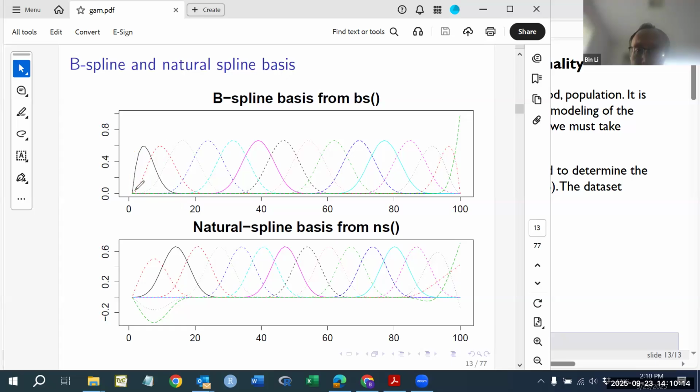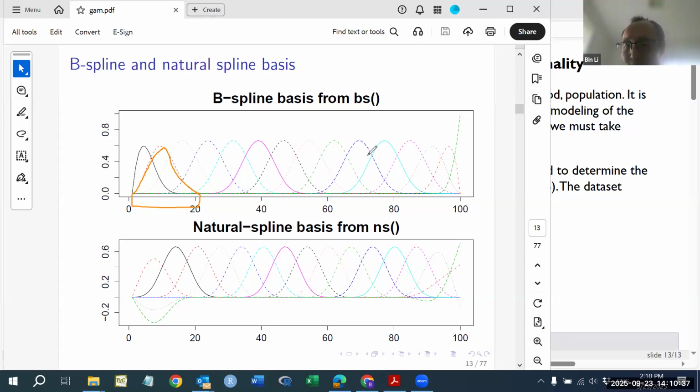It will not have any impact, right? And the next basis is this one. You can see this basis ranges from 0 to about 20. So it only impacts the observations that have x between 0 and 20. Outside this range, it's constant 0, no effect, and so on.